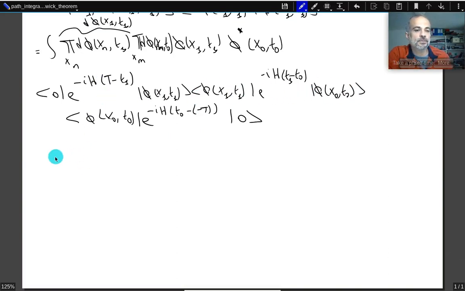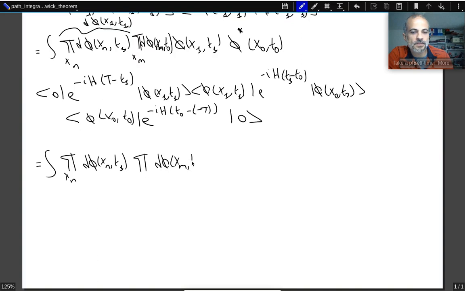So I can write all this expression as the integral of d phi xn t1, d phi xm t0 over xm, phi of x1 t1, phi of x0 t0 conjugate. Now let me write first the measures.